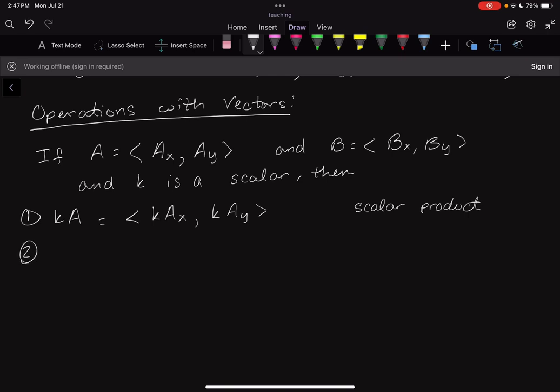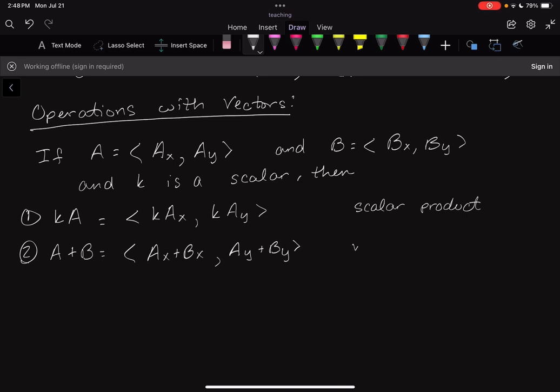Then if we add two vectors together, so if we want to add A and B together, what you would do there is add the X components and add the Y components. So you would do AX plus BX, comma, AY plus BY.